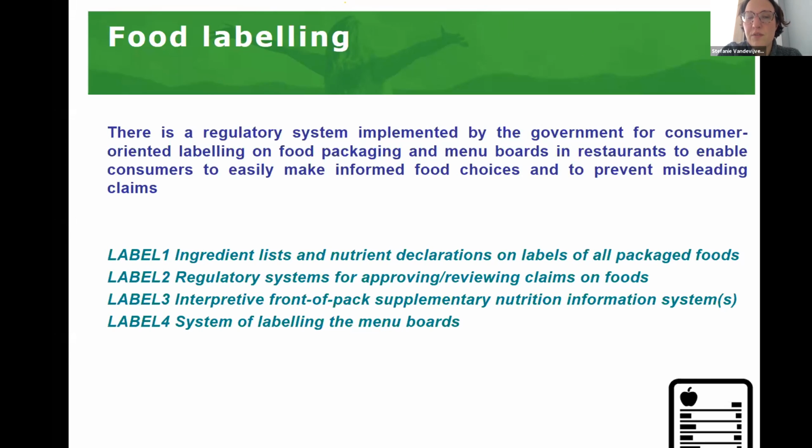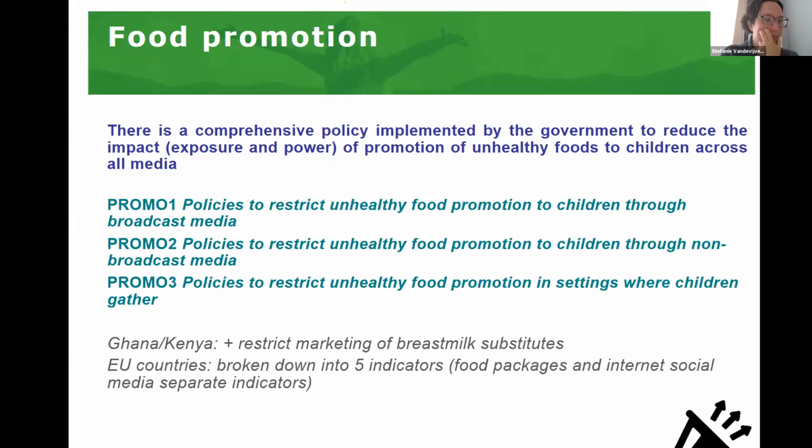They do cover several systems because there's not yet enough evidence to say which front-of-pack label system is really the best one. And then the fourth one is menu labeling, which can be for just calories, but there are a few examples for nutrients as well. So that's the food labeling domain and what's covered there.